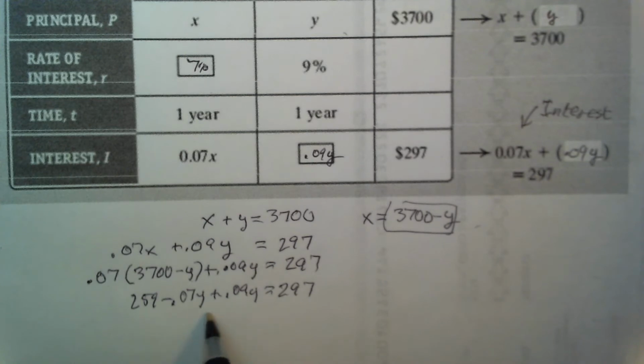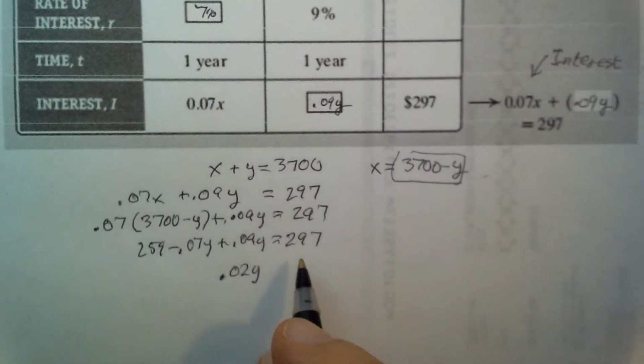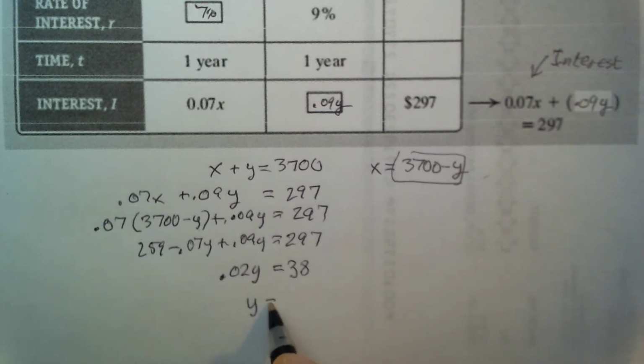When you combine like terms on the left side, we get 0.02y, and then we subtract 259 on both sides. That gives us 38 on the right side. Then we divide by 0.02 on both sides, and y is equal to 1,900.